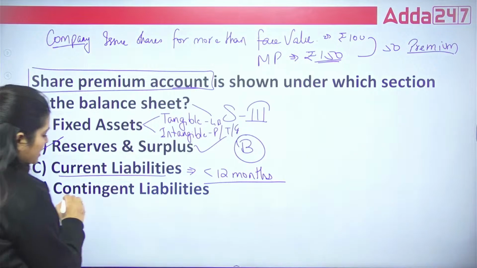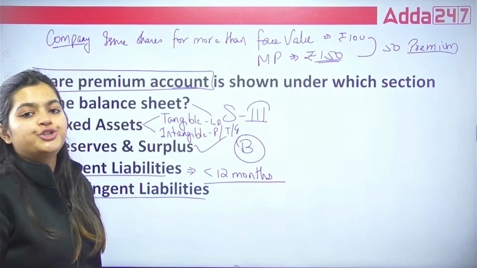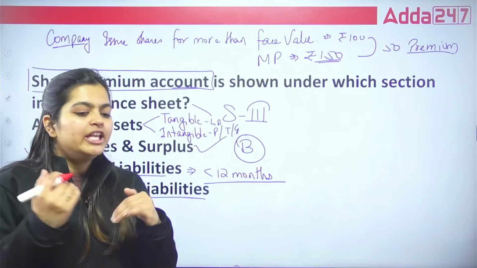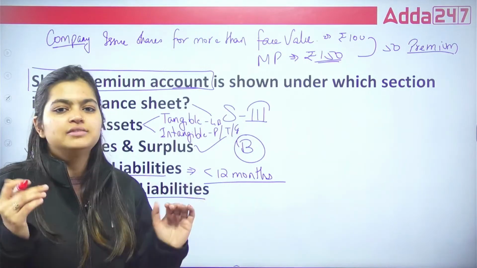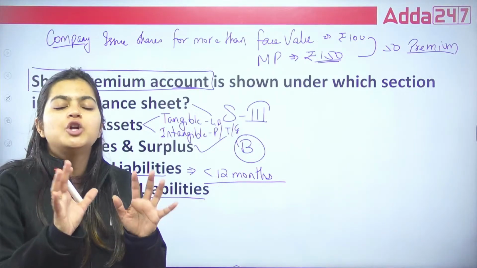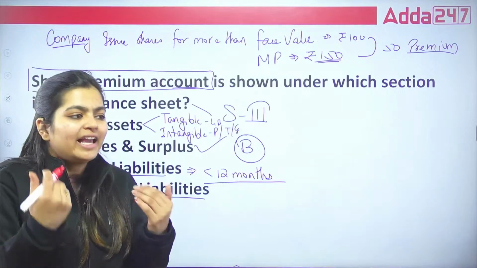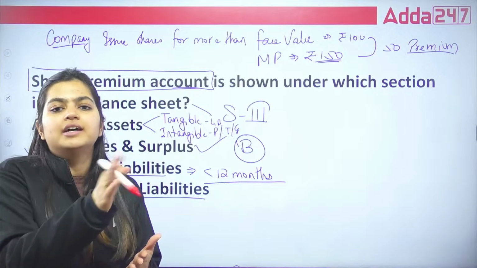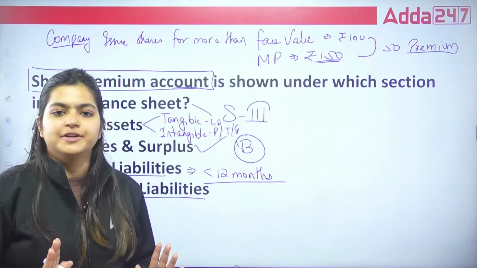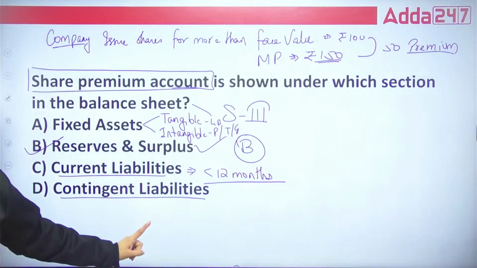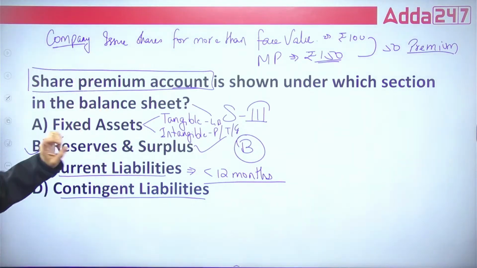And contingent liability is when you are not so sure, but because of past events you are able to predict that some kind of liability might arise in the future, but you are not even able to estimate the actual amount. Possible outcomes are there. So that is your contingent liabilities. So your share premium account is shown under reserves and surplus. That is your option B.